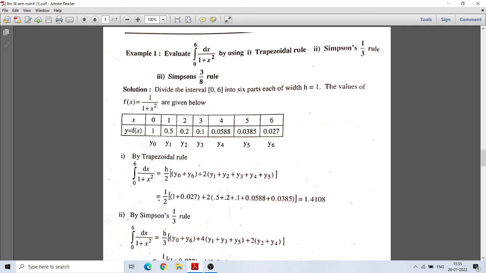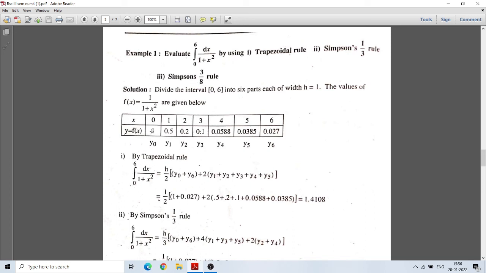Now this is also one problem. Evaluate integral 0 to 6, dx by 1 plus x square, by using trapezoidal rule, Simpson one-third rule and Simpson 3/8 rule. Divide the interval 0 to 6 into 6 equal parts, that is h is equal to 1. So h is equal to 1 means here x is equal to 0, 1, 2, 3, 4 up to 6. So f of x is 1 by 1 plus x square.